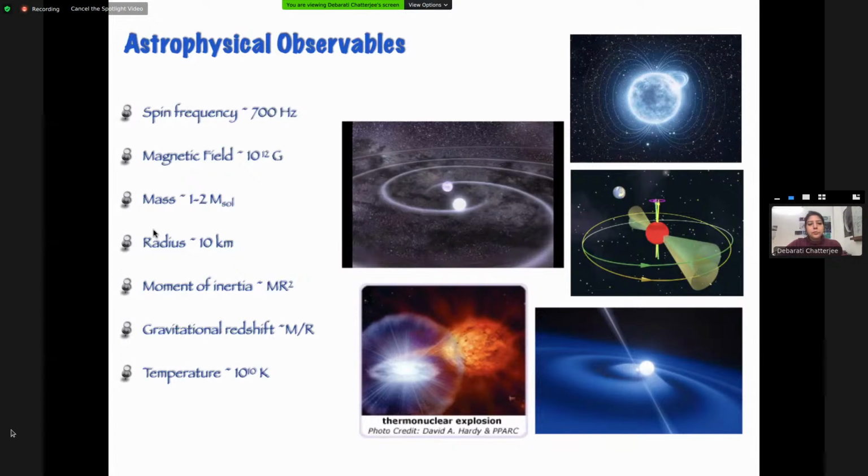I will come to the inner structure of neutron stars in a few slides, but to give you an understanding, nuclear experiments probe around nuclear densities, right? These are some of the densest matter that we see in experiments.